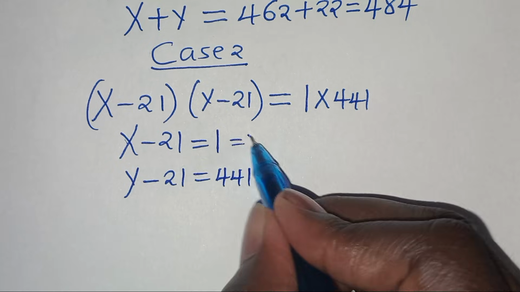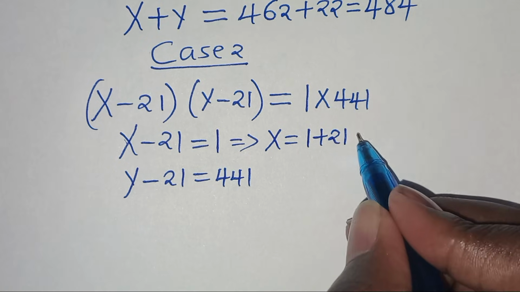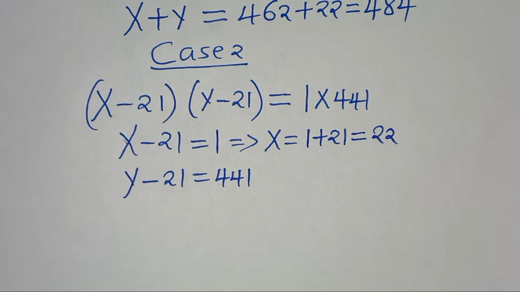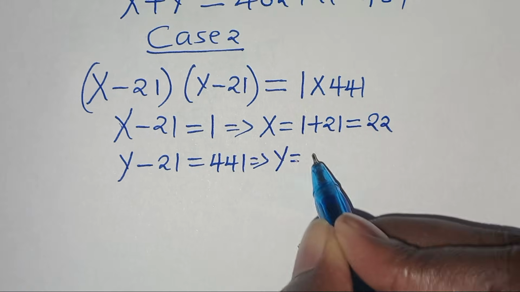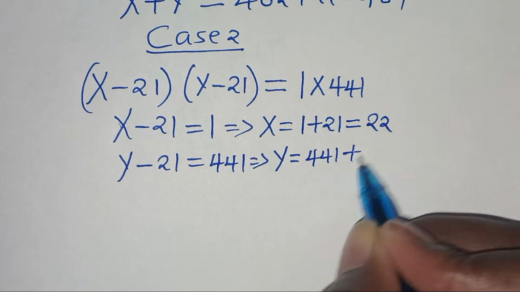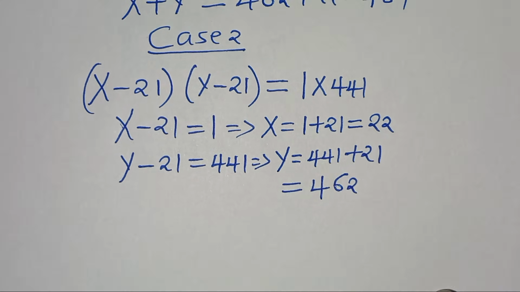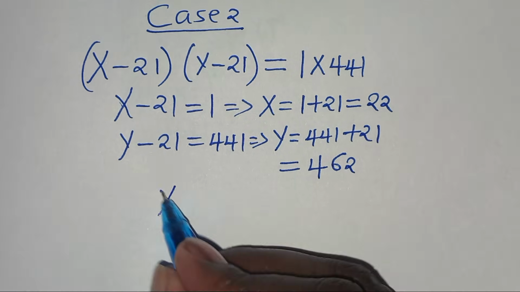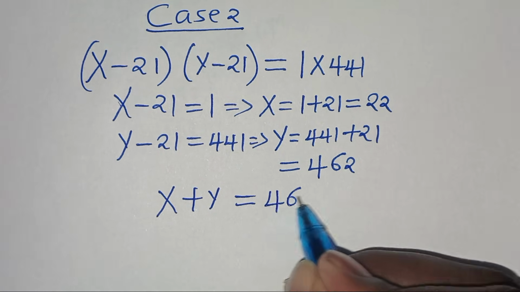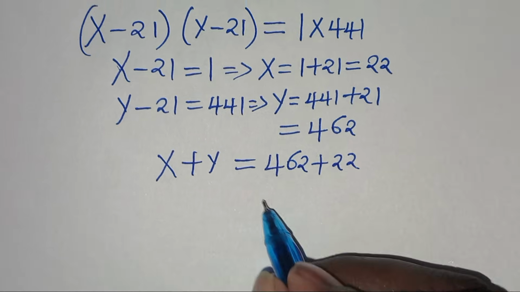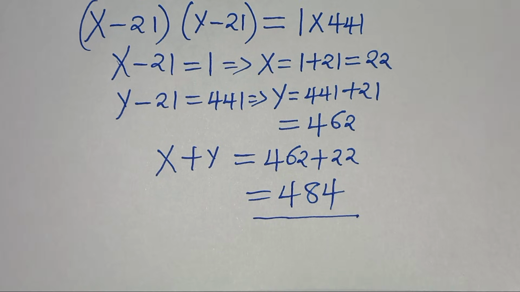Now x is equal to 1 plus 21, which is 22. And y is equal to 441 plus 21, which is 462. So x plus y is 462 plus 22, which is 484. This is the second solution we have.